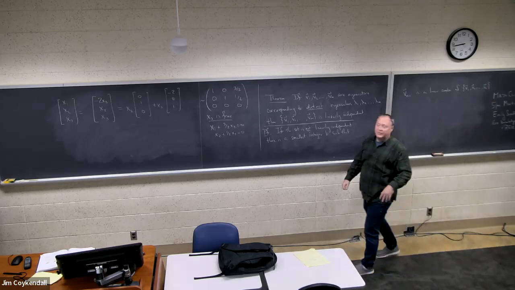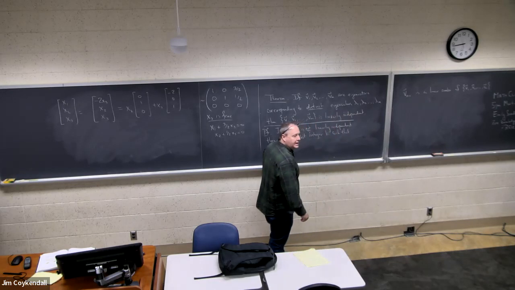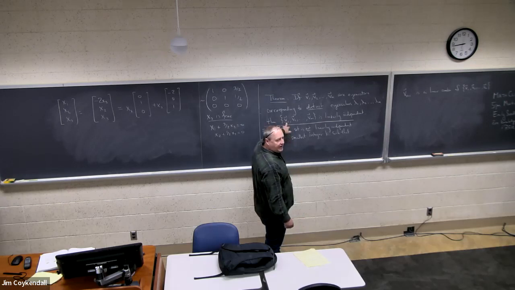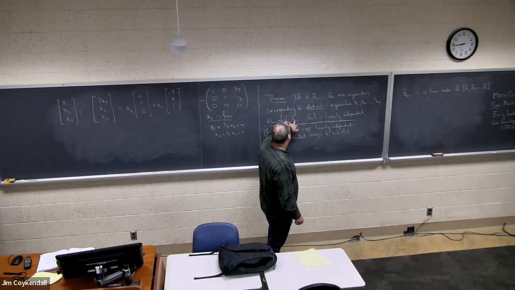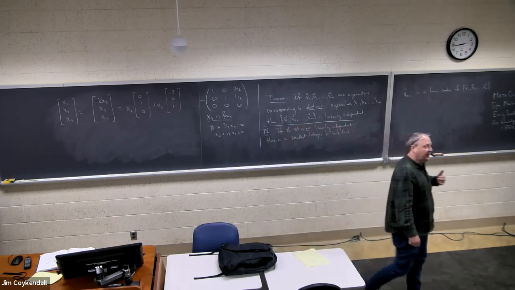Right. So, for example, I know that K has to be... Notice that V1 by itself is not the 0 vector, right? And so there has to be a smallest K such that the next vector is a linear combination of the preceding vectors.